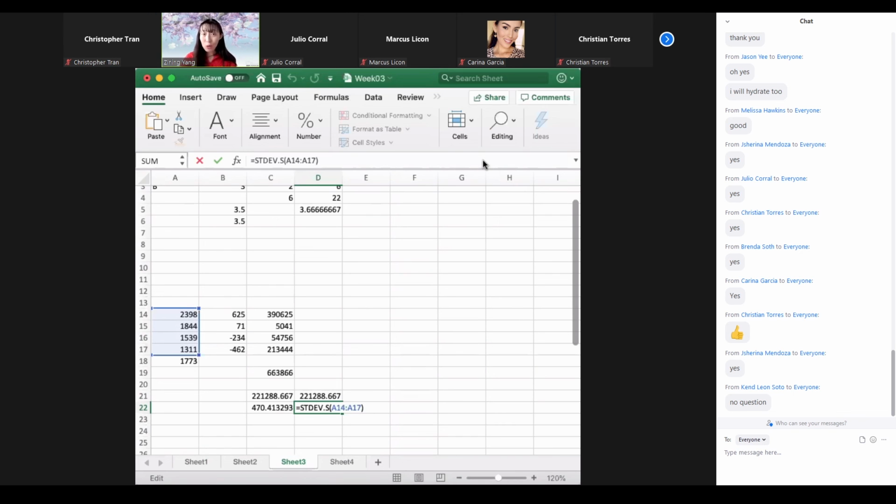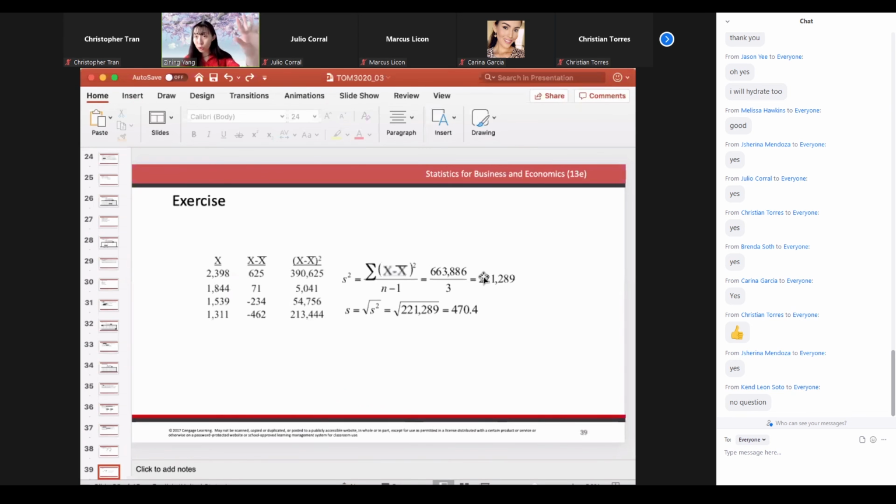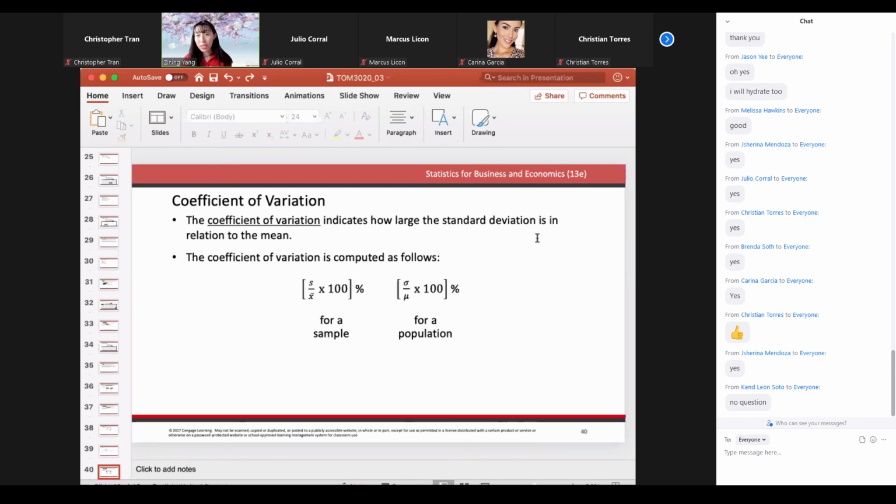Perfect. So we know how to calculate the variance and the standard deviation using Excel. I do have the same information on the slide. So later when you review it yourself, you can see it from here. And then, like I mentioned earlier, if we really want to do comparison, right, how much variability there is, the new concept is called coefficient of variation.